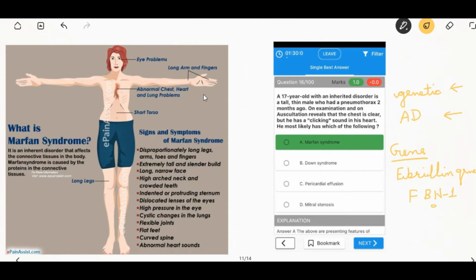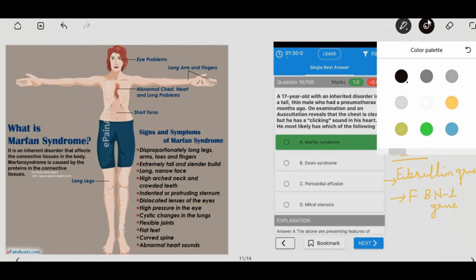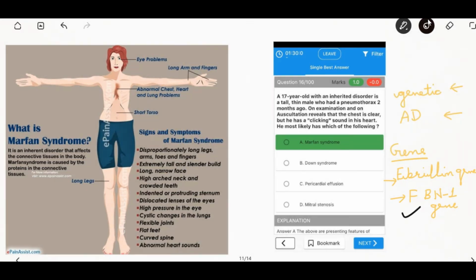This mutated FBN1 gene results in formation of defective microfibrils or a severe reduction in their amount, which are the essential component of elastic fibers and other tissue of the extracellular matrix. What you would see is that musculoskeletal, cardiac and ocular problems would predominate.